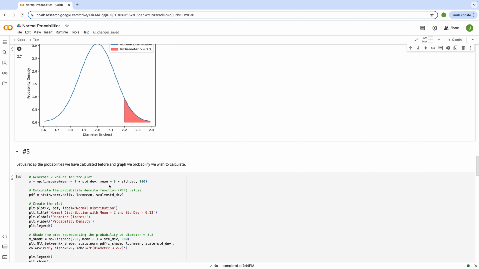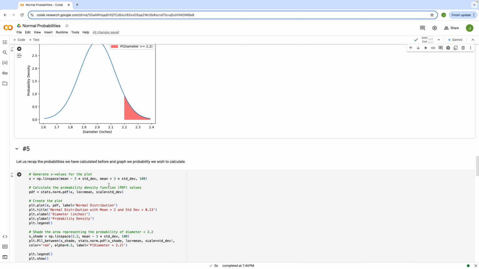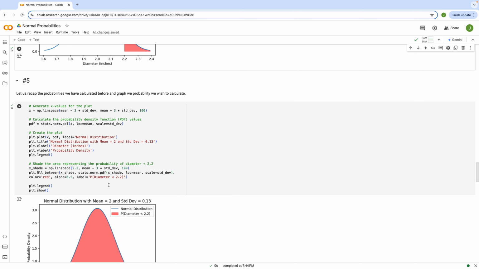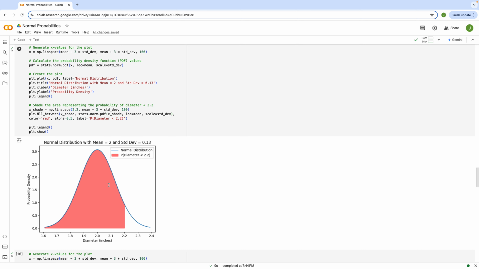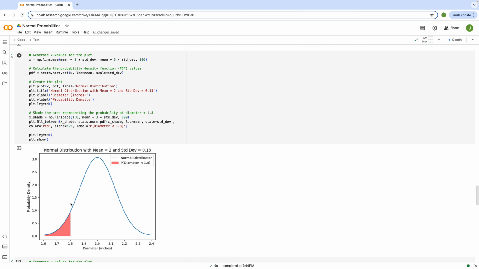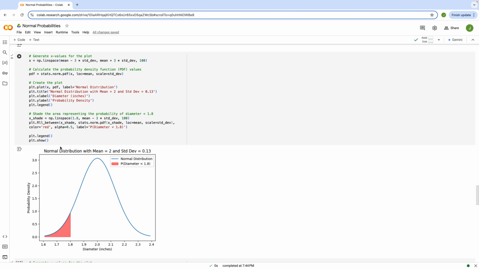And now the next question is, what's the probability that it's between 1.8 and 2.2 inches? Well, let's remember the probabilities we calculated before. What we calculated before was everything less than 2.2, okay? And we calculated everything less than 1.8.